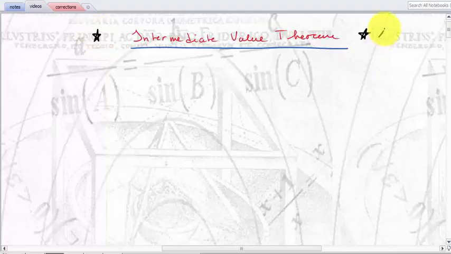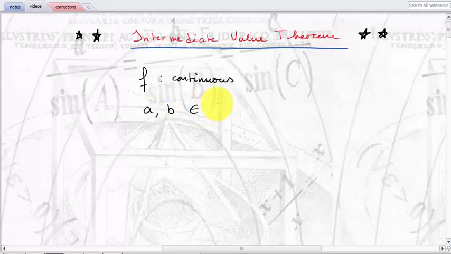Very, very important. Okay, what does the theorem state? It states that if you take a continuous function, so for us, it's going to be a polynomial. We know a polynomial is continuous. If you take a continuous function, and if you take two inputs in the domain of the function, so for us, the domain of a polynomial is going to be all real numbers.